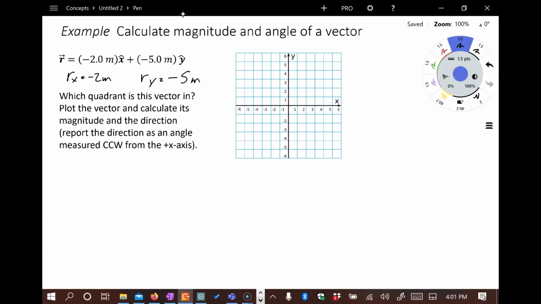So I just go to the x-axis and I see minus 2, okay. And then for the y-axis minus 5. Where is that point? It's right there, right?